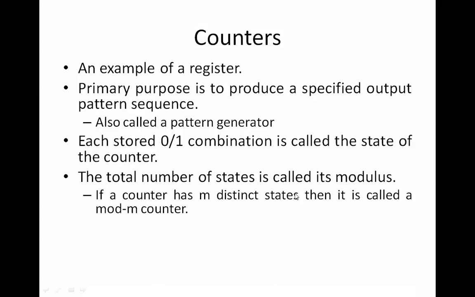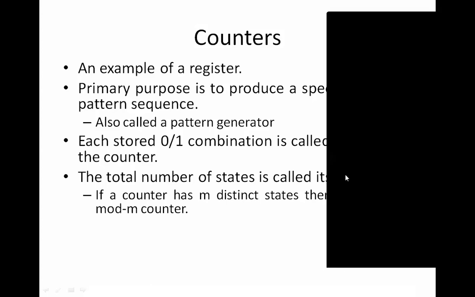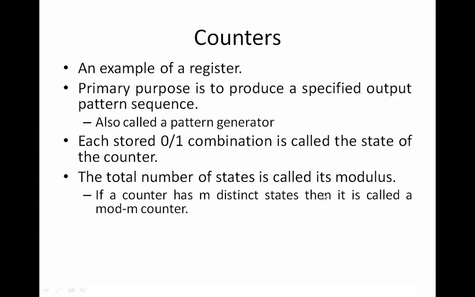Yes, 4 combinations, right? So I can say that it has 4 states and the modulus is 4. Okay, the total number of states is called modulus. If a counter has m distinct states, then it is called a mod m counter. Okay. So as the number of states, so is called its mod. Okay, fine.